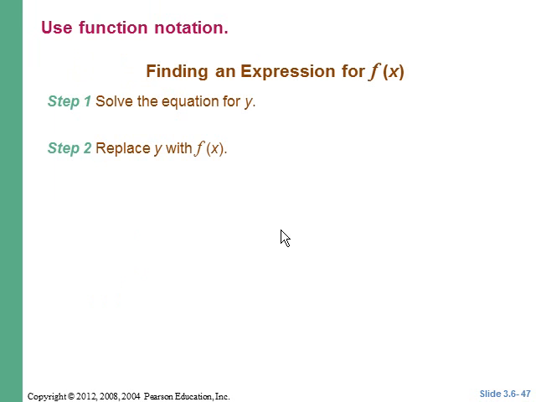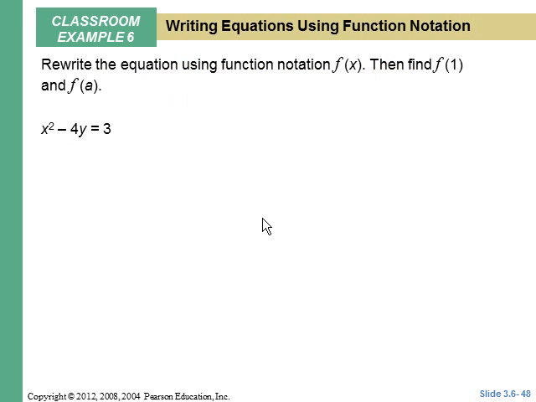Okay, so when you are looking for function notation, solve the equation for y and replace y with f of x. So rewrite the equation using function notation and then find f of 1 and f of a. We want the y all alone. So let's subtract x squared from both sides.